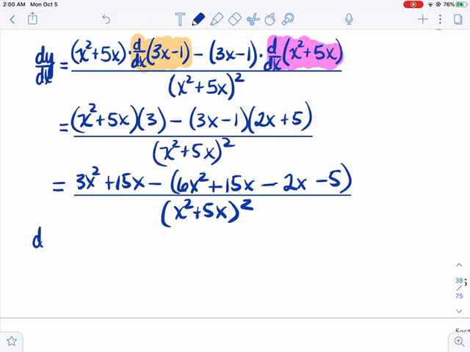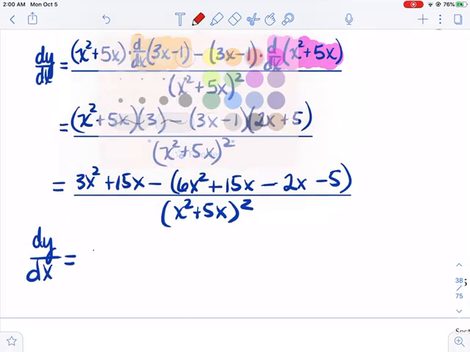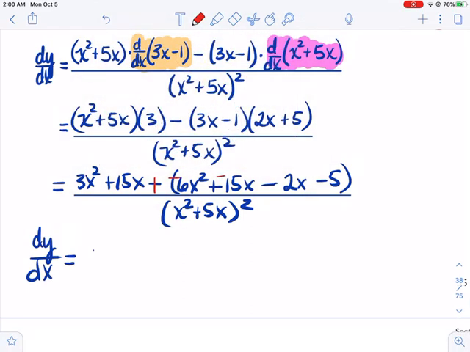So I get the dy dx is then equal to, combining like terms, watch with the plus, a negative, negative, plus, plus.